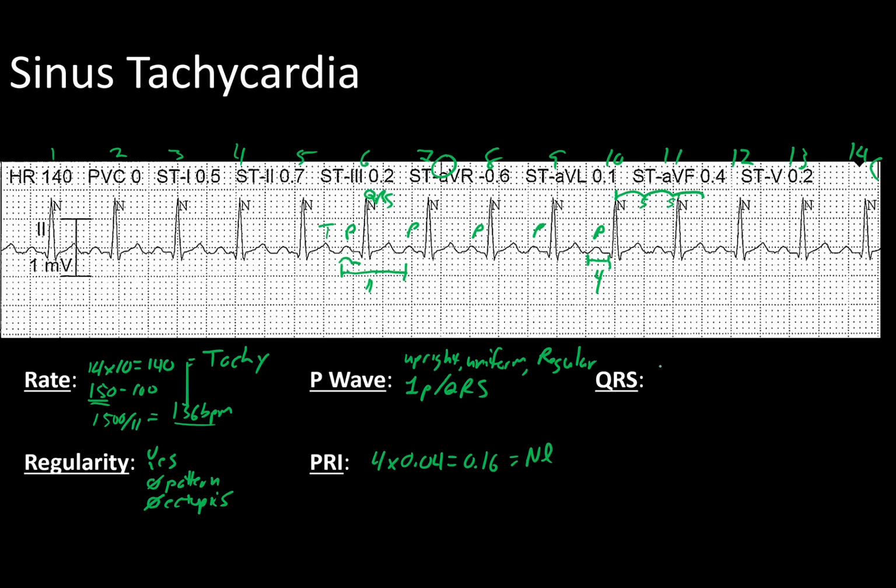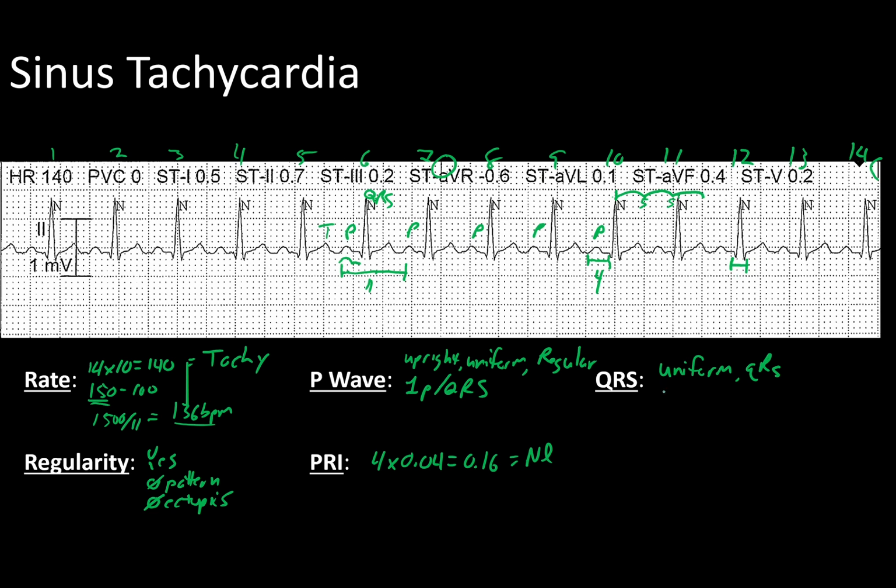Lastly, my QRS. Are they all uniform? Absolutely. They have the QRS pattern to them. And how wide are they? Well, it's a pretty good one. This starts on a solid line and ends right about here.